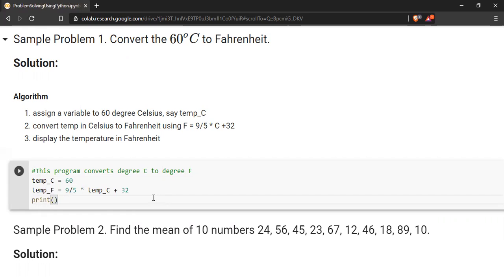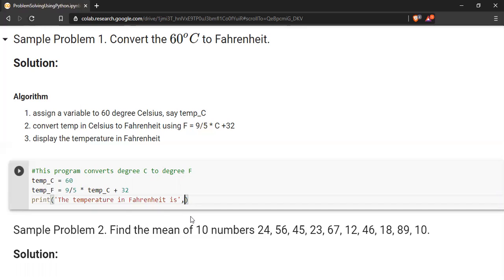So in this case, I will be using the print function. We can say the temperature in Fahrenheit is, okay, take note of the delimiter. I use single quote. You can use double quote if you want. I'm used to this delimiter, the single quotation.